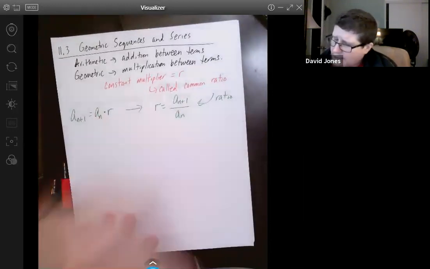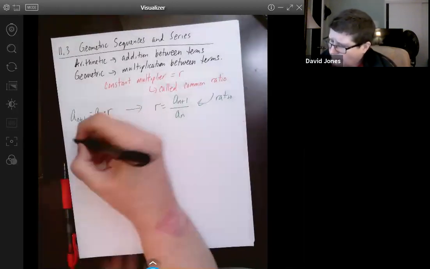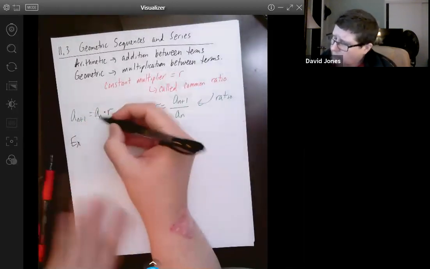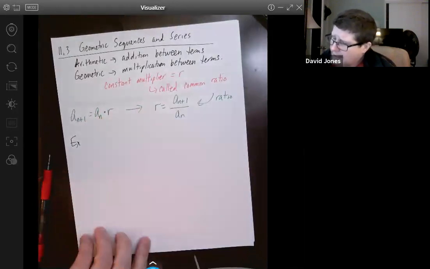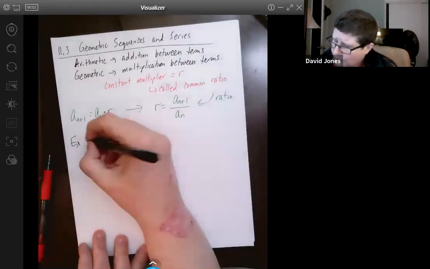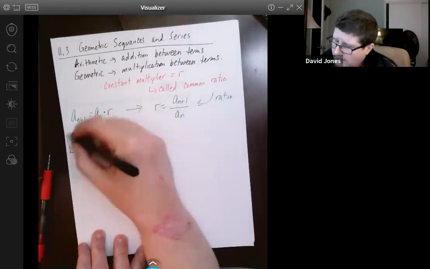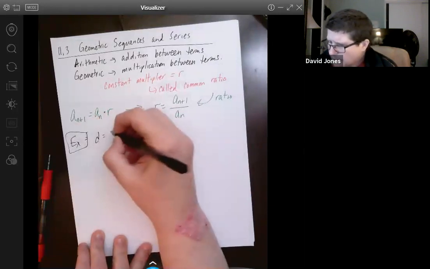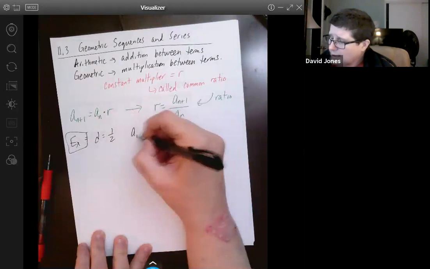So let's look at a quick example. Let's say r equals 1/2, and a sub 1 equals 1.